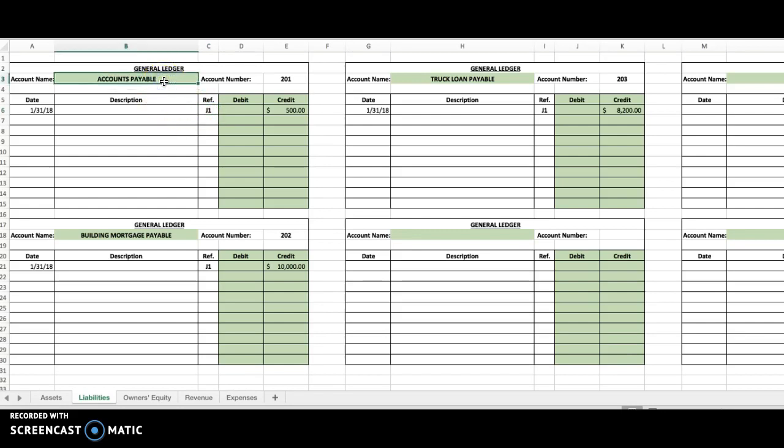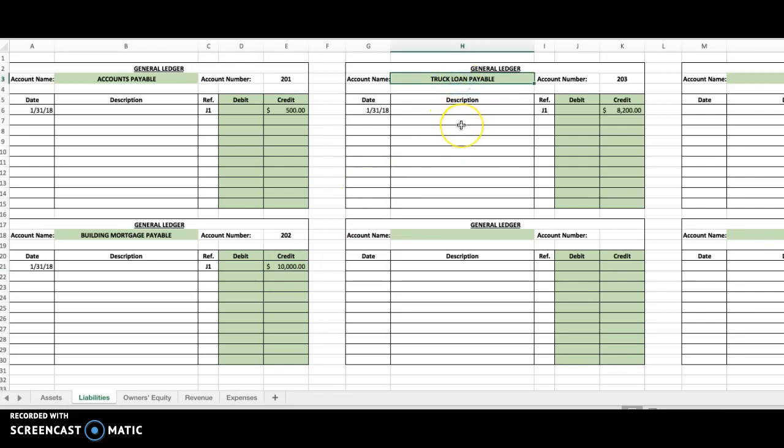Accounts payable, again, are short-term liabilities, typically due within 30 days. This is a long-term down here. Account number 202, building mortgage payable. Remember that building we had valued at $46,000? Well, we owe money as of January 31st of $10,000. So we probably owe that to a bank or a credit company.